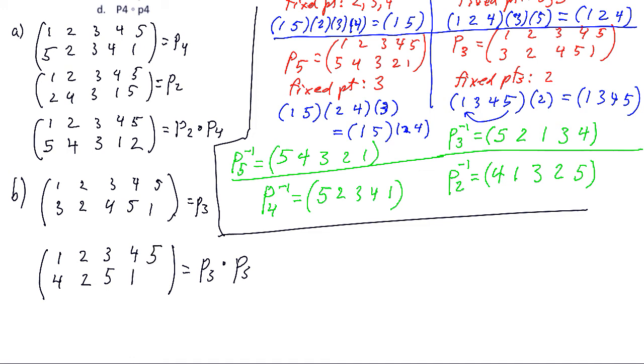And 5 goes to 1, which is 3. Okay, so there's P3 composed with itself. And again, we double check by making sure all 5 of these numbers are different in the bottom, because the composition of 2 permutations better be another permutation, which means it's a bijection, 1 to 1 and onto, and we've got all 5 different numbers here.